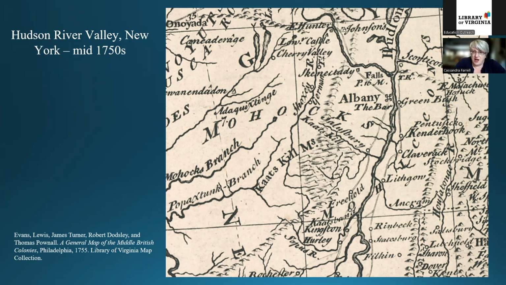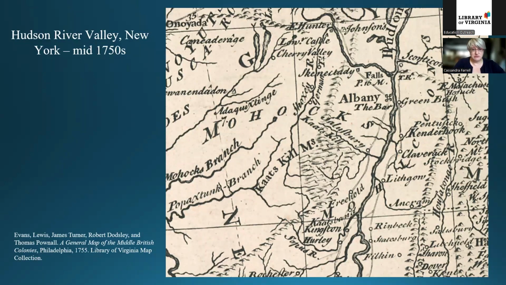And it wasn't until after the American Revolutionary War that you see nations like the Iroquois nations leave New York to move to Canada. And when they do, it opens up opportunities for New Yorkers to expand into the area.